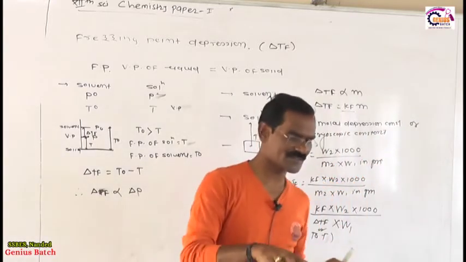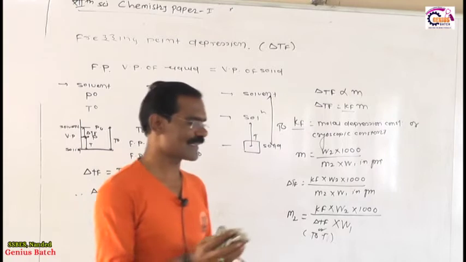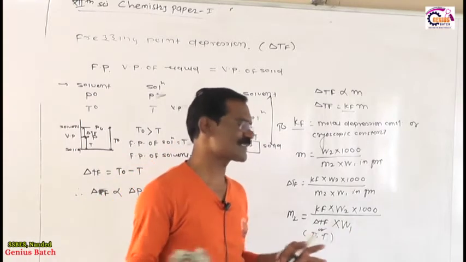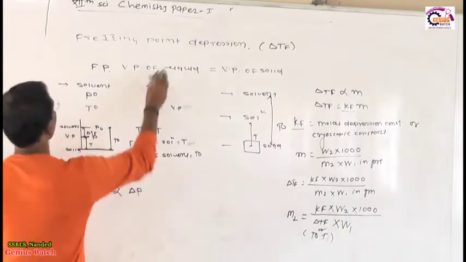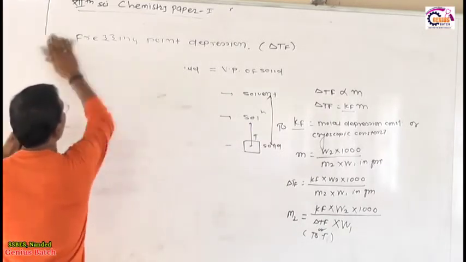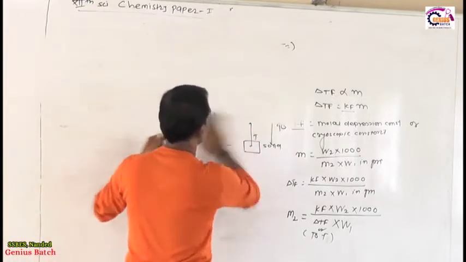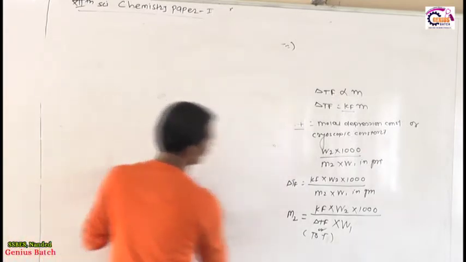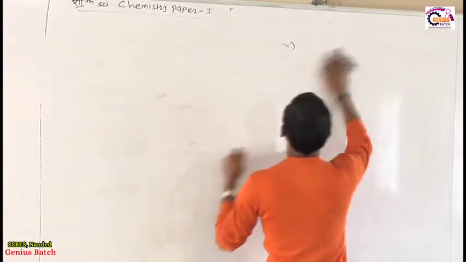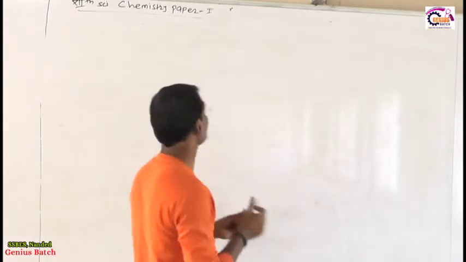Now I am going to discuss problems related to depression in freezing point as well as elevation in boiling point. In previous videos I already completed elevation in boiling point. Now these are the two standard formulas to always keep in mind.